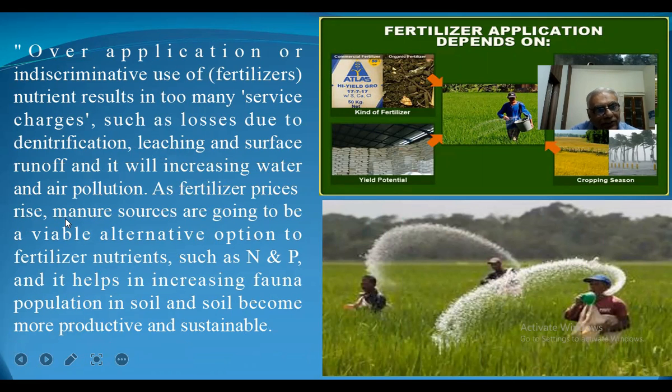As fertilizer prices rise, manure sources are going to be a viable alternative to fertilizer nutrients such as nitrogen and phosphorus, and they help in increasing the fauna and population in the soil, so the soil becomes more productive and sustainable.